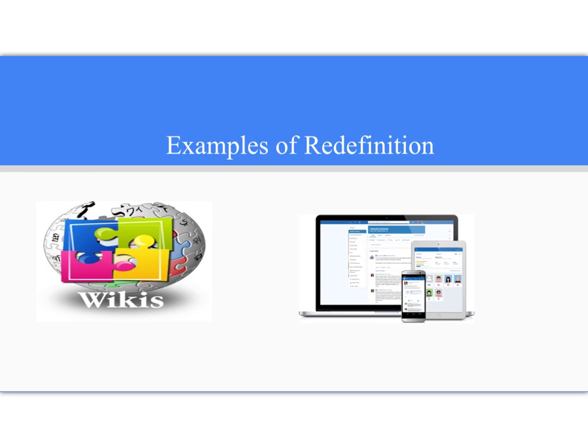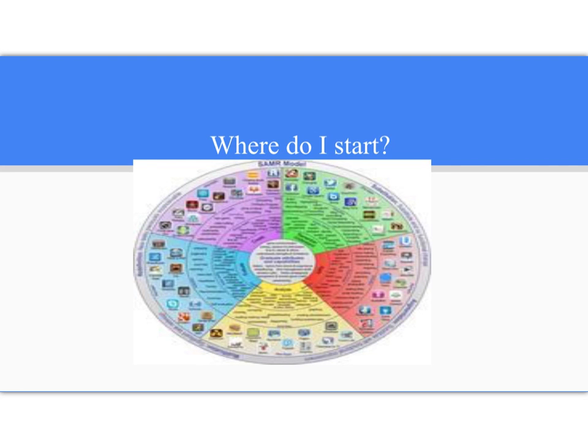Redefinition is technology that creates tasks that would be inconceivable without the technology. Students can create, write, and then publish or share their creations with the entire world. An example would be Edmodo, where students can have a classroom discussion outside the confines of the four walls of their classroom.